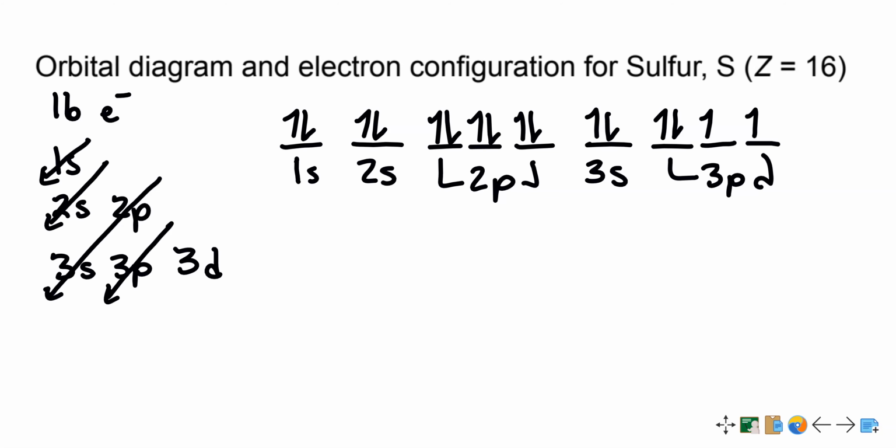So that's what my orbital diagram looks like for sulfur with 16 electrons. It has 2 unpaired electrons, which will be relevant when we talk about radical electrons.